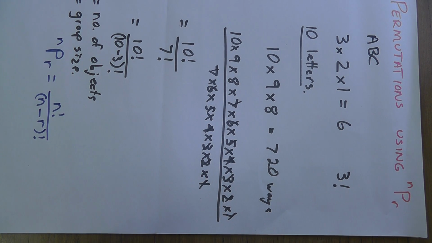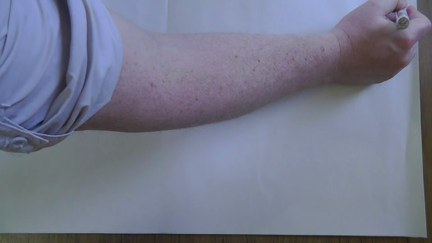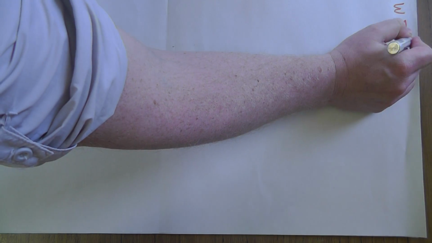A new sheet of paper. Alright, let's have a look at an example, say, in the book. Worked example 11. Now, this is a straightforward one.